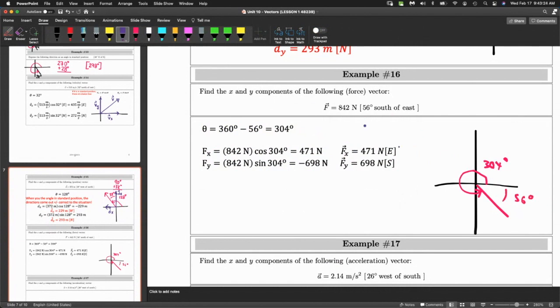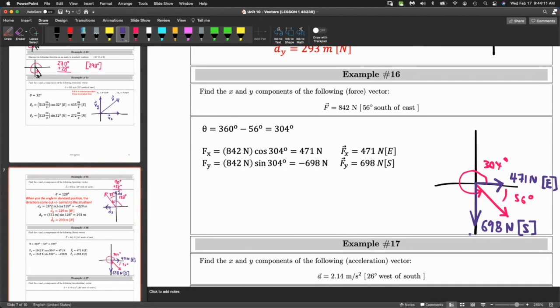When I look at the components, let me draw an arrow on that vector. There's a component facing south and there's a component facing east. And that's exactly what you have here. You have an east and a south component. So everything aligns with the diagram. This component is 471 newtons east, and this component is 698 newtons south.